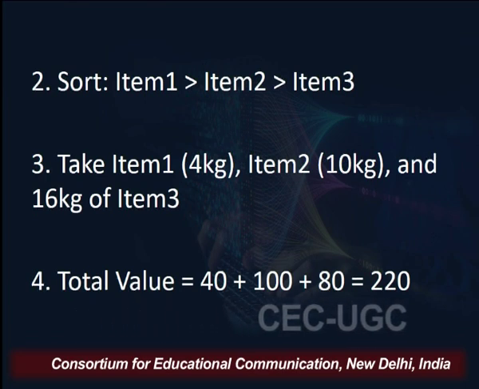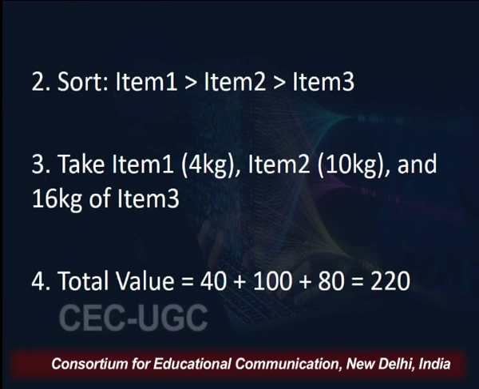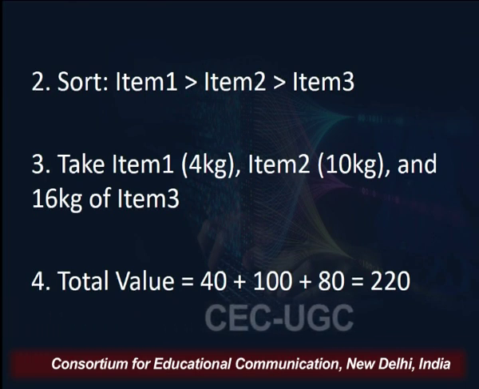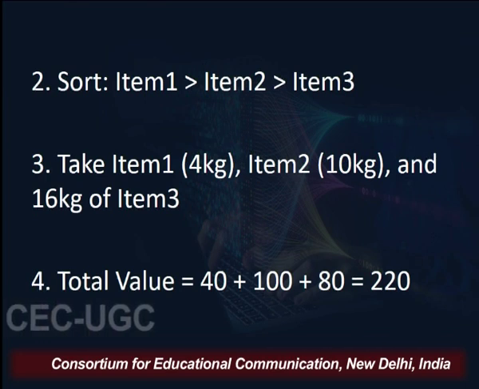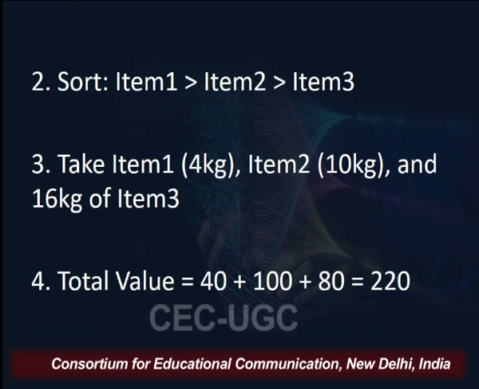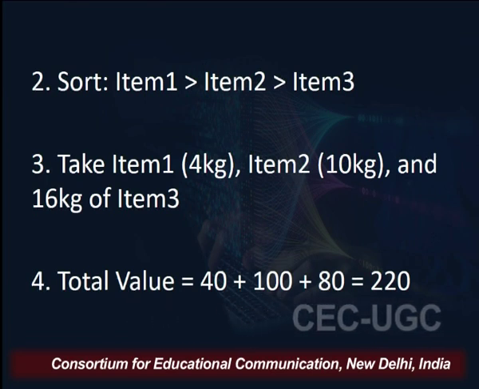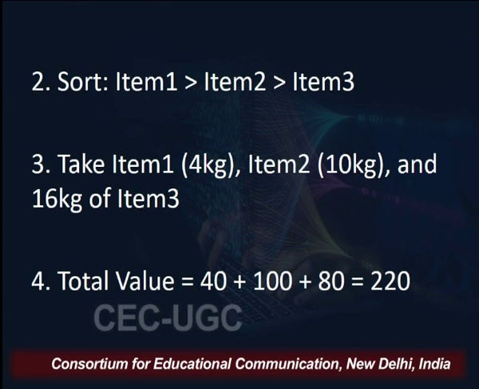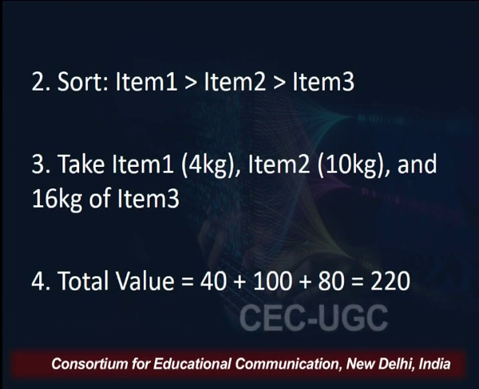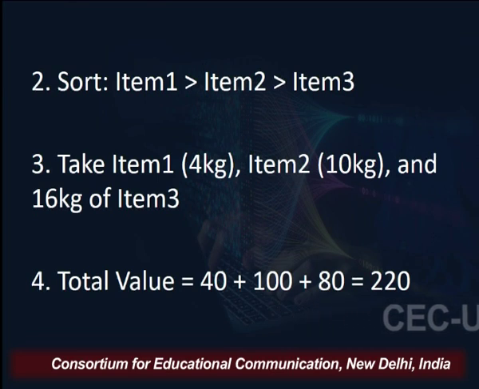So, which items are we going to take? We are going to take item 1, which is 4 kg, then item 2, which is 10 kg, and only 16 kg of item 3. So, the total value is 40, which comes from item 1, then 100 which comes from item 2, and 16 kg of item 3 gives us a value of 80.